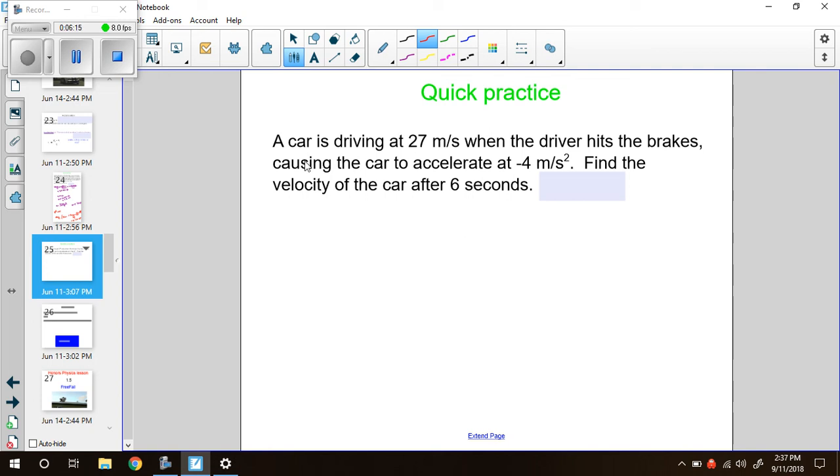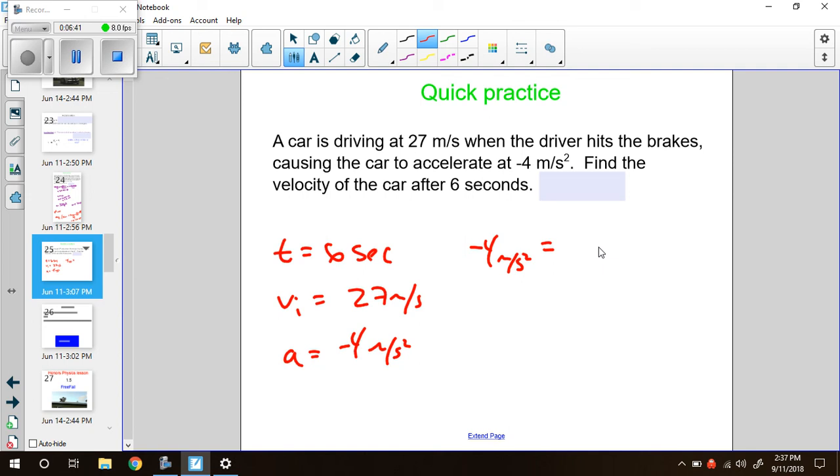Okay, anyways. Find the velocity of the car after 6 seconds. So I am given the time of 6 seconds. I'm given velocity initial, which is 27 meters per second, and I'm given acceleration, which is negative 4 meters per second squared. So negative 4 meters per second squared equals VF, what we're looking for, minus 27, what we started with, divided by 6.